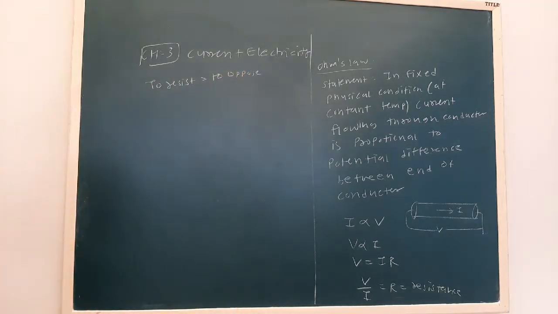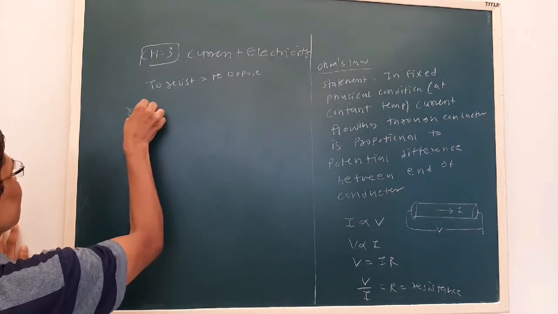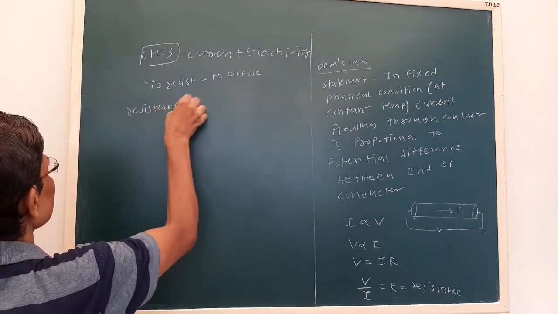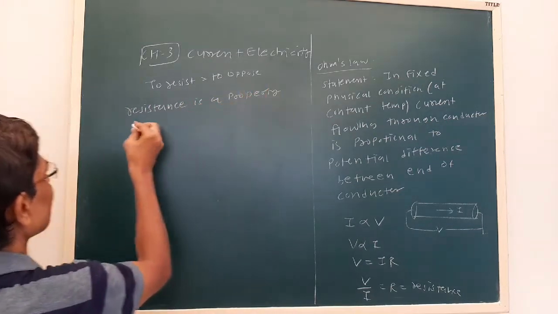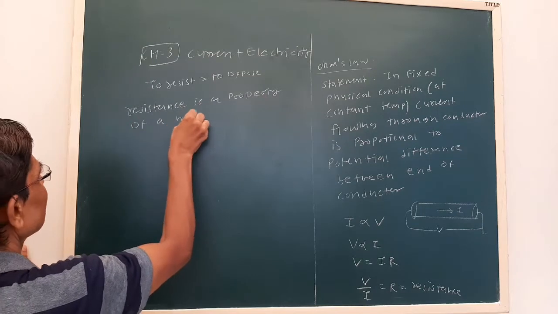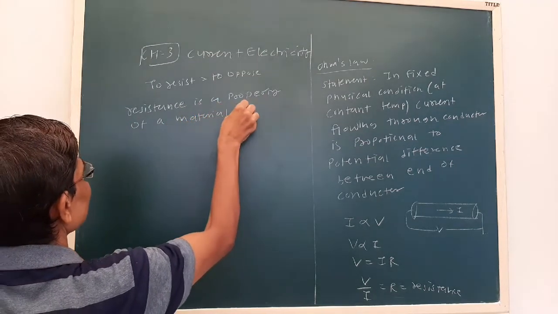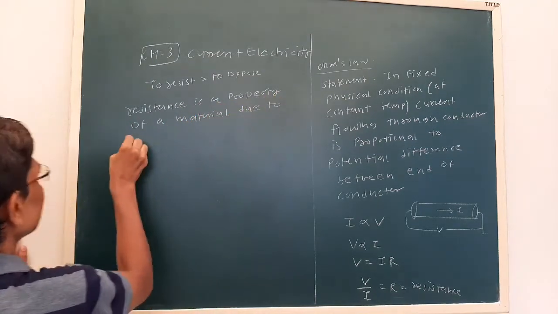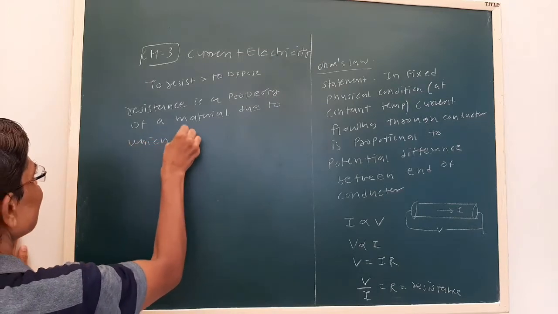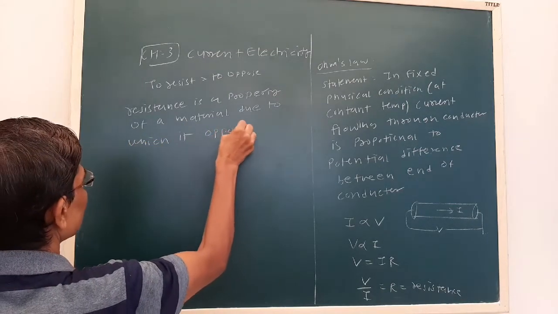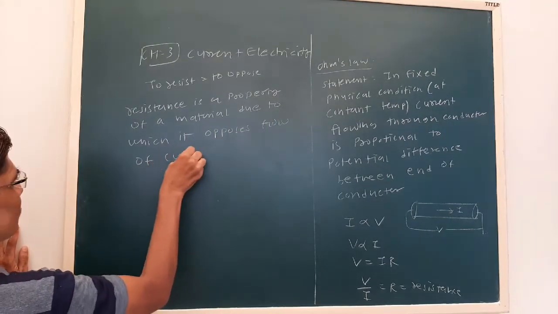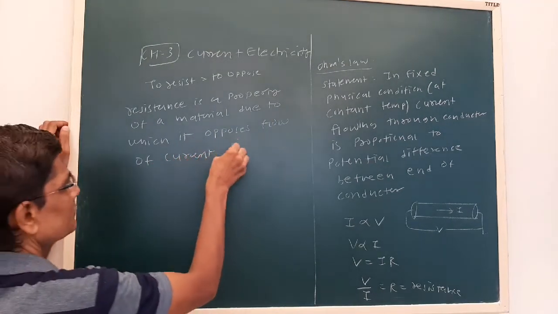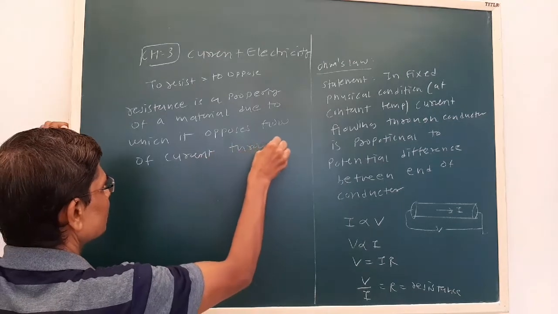So we can say the resistance is a property of the material due to which it opposes the flow of current through it.